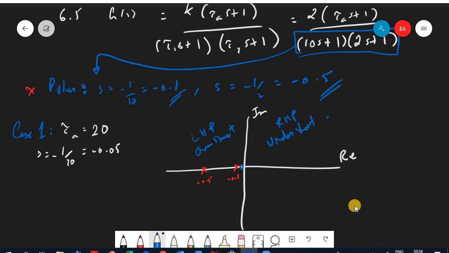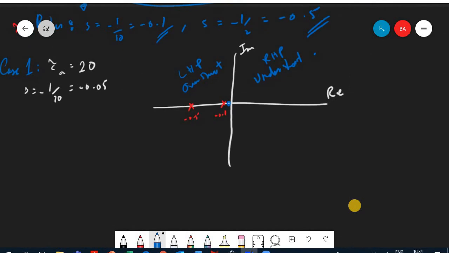So now we can also plot our first graph. Just to have some space here, I'm going to plot the system here. My first graph would look most probably something like that.